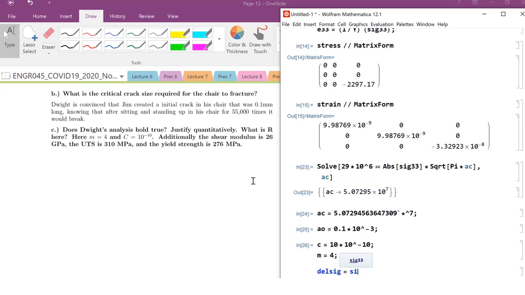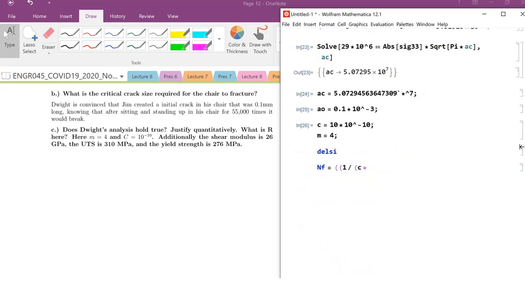So that goes back to your Paris law here. That sigma is essentially the change in stress, the stress amplitude. So your del sigma in this equation, I'm just going to rewrite it, is going to be this sigma 1. It's going to be sigma 33.